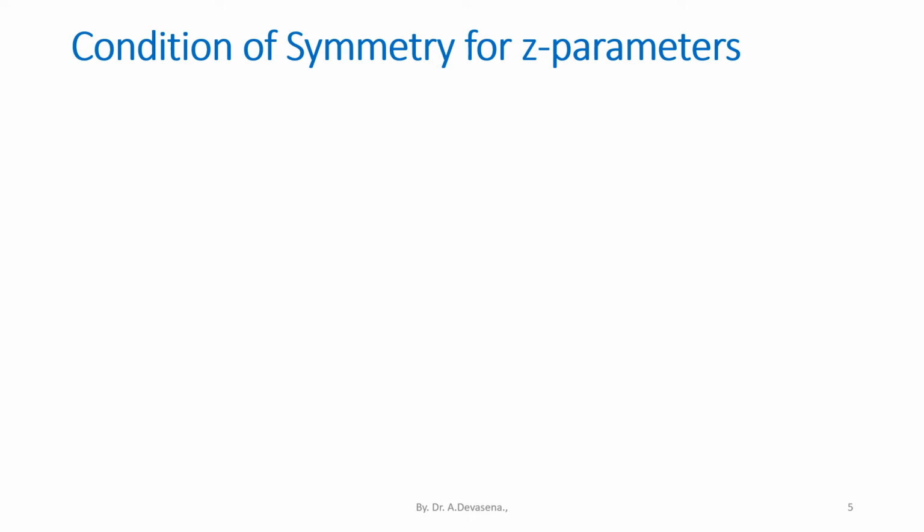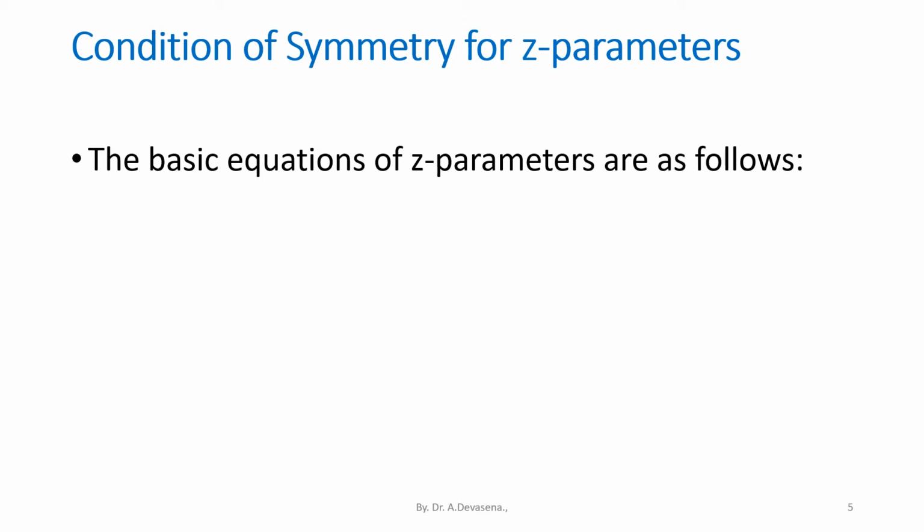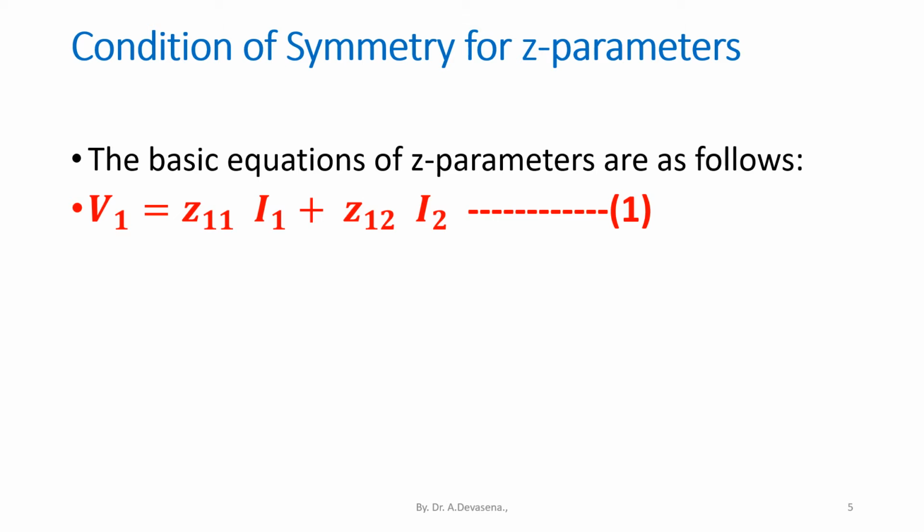Condition of symmetry for Z parameters. The basic equations of Z parameters are as follows. V1 is equal to Z11 I1 plus Z12 I2. Consider this as equation 1.